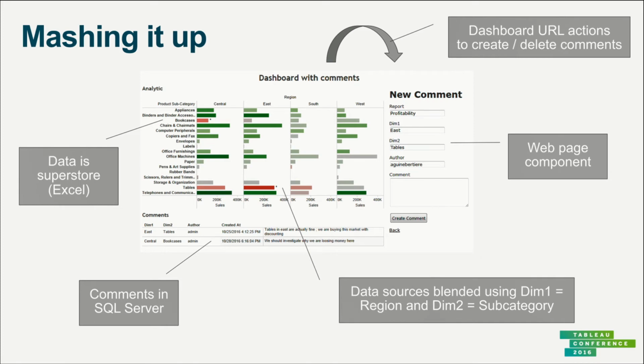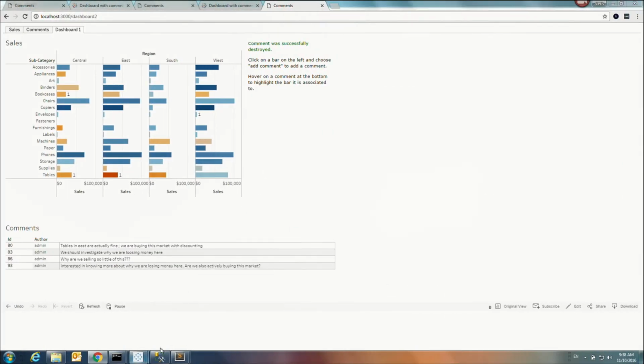For the timestamp, we're lucky when we're using Ruby on Rails because the create timestamp and the last updated timestamp are built in, right? So if I look at my list of comments right here, let's go back to Tableau Desktop.